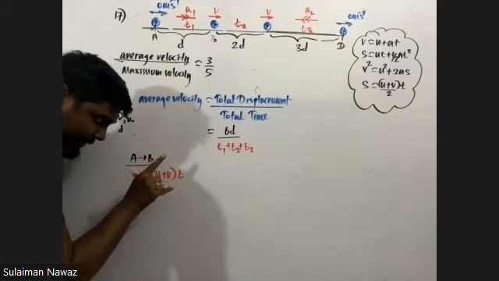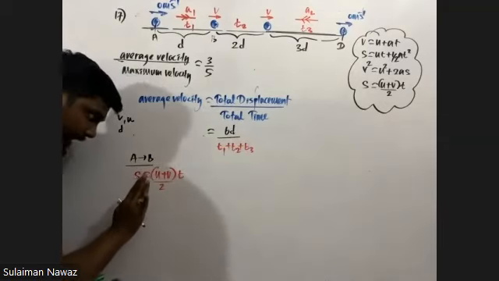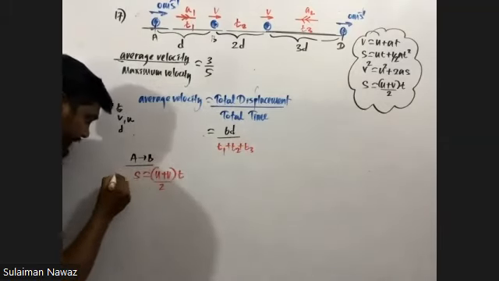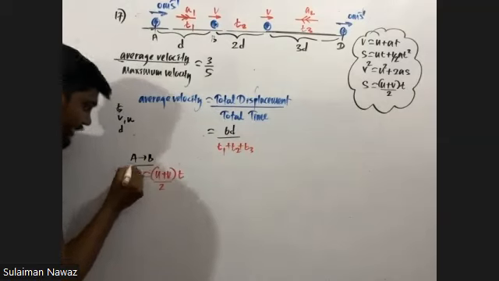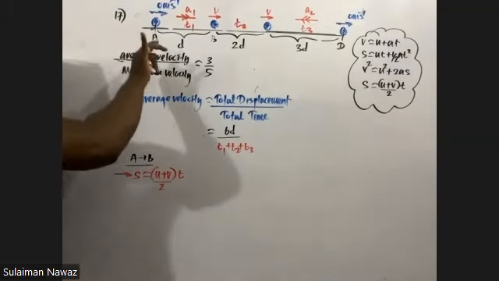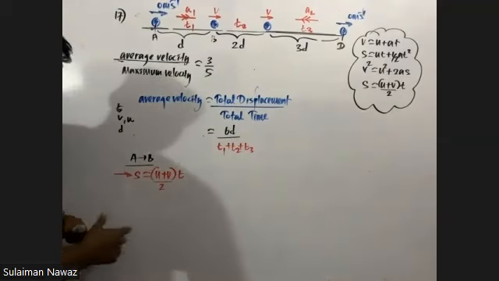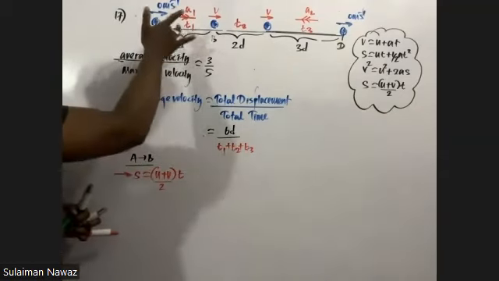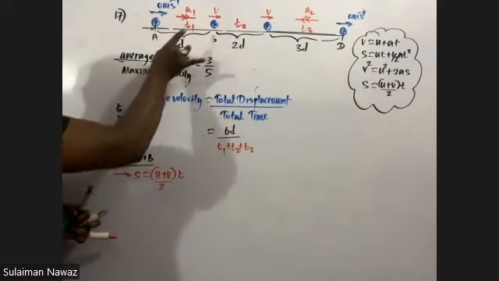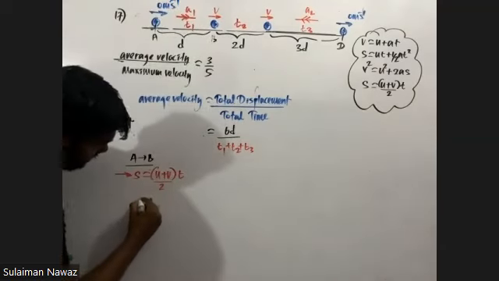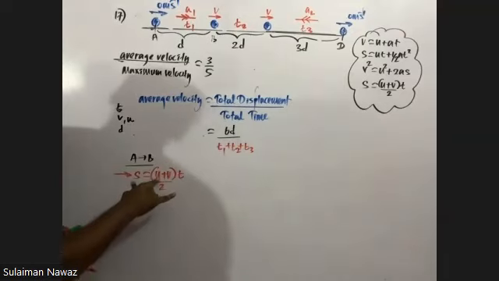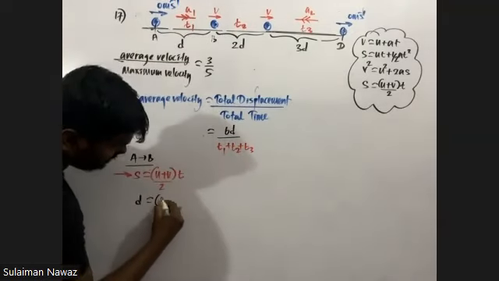Can you remember, last week I explained you always want to apply linear motion equations in the direction of motion. The direction of motion is the right side direction, therefore my arrow is in the right side direction. My displacement S from A to B is simple D. Initial velocity U is 0.